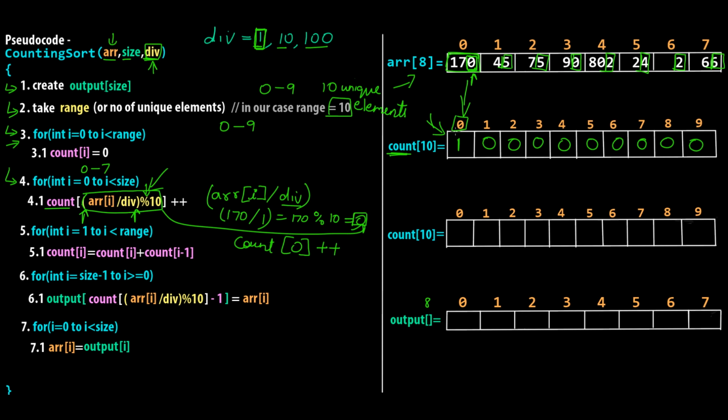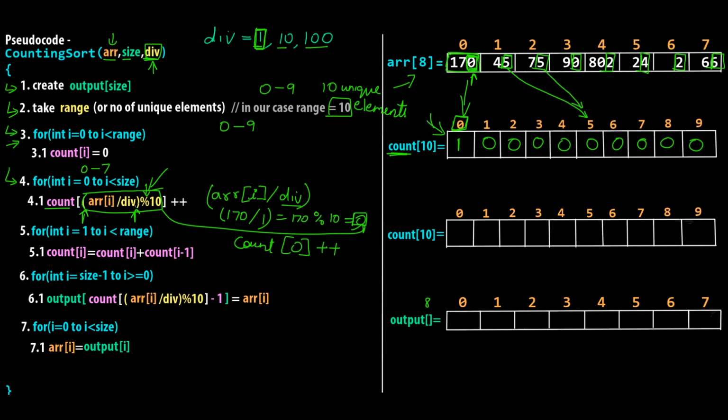However, in our Radix Sort situation where we have numbers having multiple digits, the number is not representing the index position. This individual digit is now representing the index position in the count array. So this last 0 is mapped with this 0. Similarly, this 5 is going to be mapped with the index position 5. Again, this 5 is going to be mapped with the index position 5.